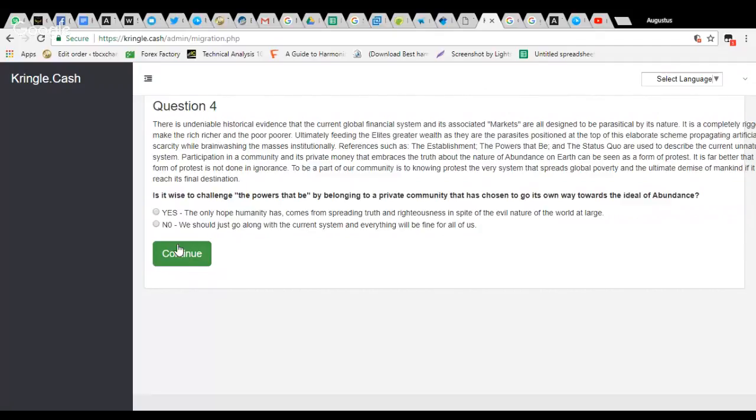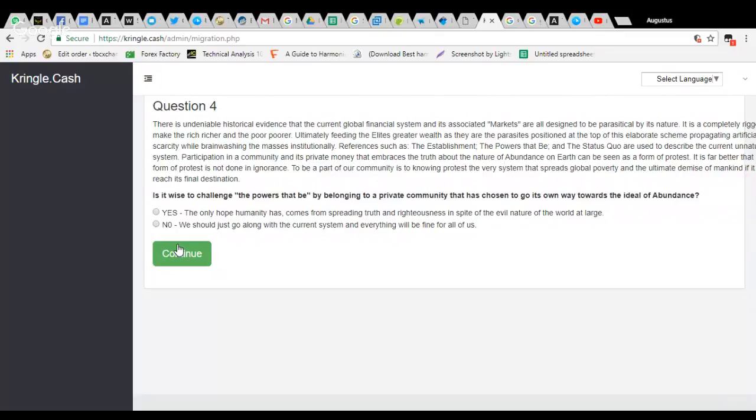It is completely rigged, making the rich richer and the poor poorer, ultimately feeding the elite greater wealth, as they are the parasites positioned at the top of this elaborate scheme, propagating artificial scarcity while brainwashing the masses constitutionally. References such as the establishment, the powers that be, and the status quo are used to describe the current system.